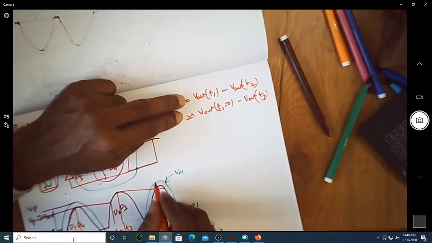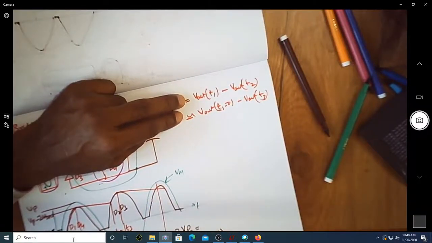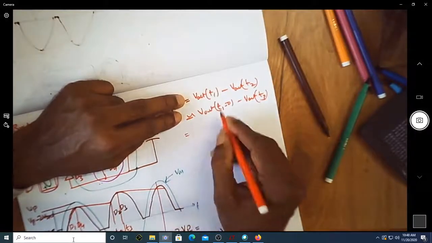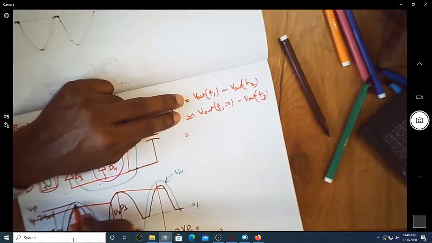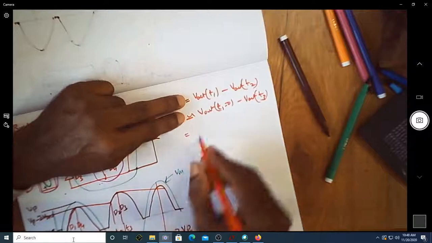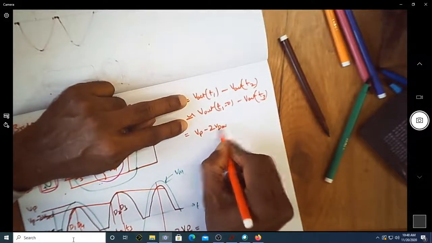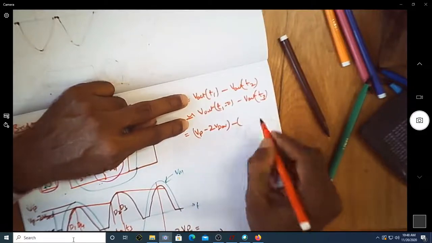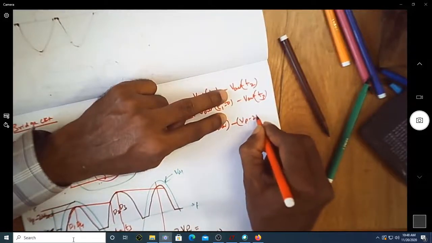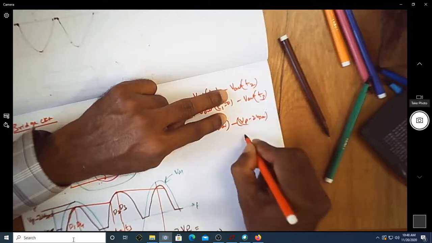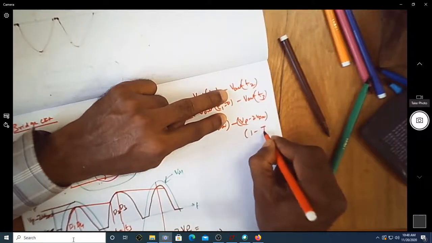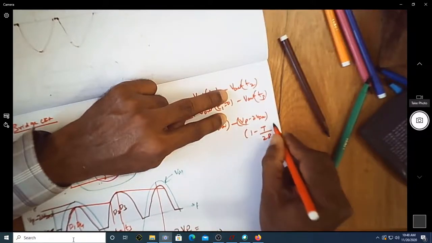So actually this is capital T, this is capital T, so that is full time, this is half of the time. So shall we write this as equal to, now you can see the peak voltage is not Vp minus Vd on, it's actually Vp minus 2 Vd on. So it is now Vp minus 2 Vd on minus of Vp minus 2 Vd on into 1 minus T by 2 Rc.